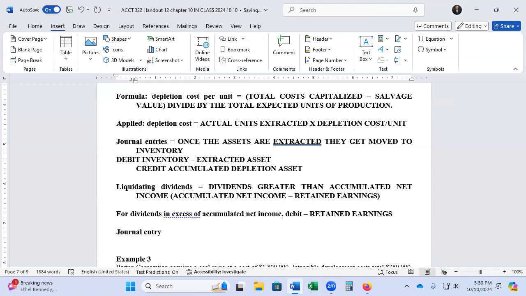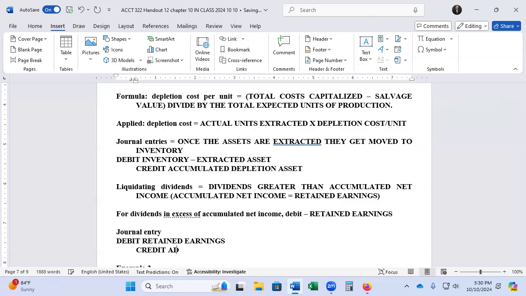So your journal entry would be debit retained earnings, credit additional paid in capital, for the difference greater than retained earnings or the asset.